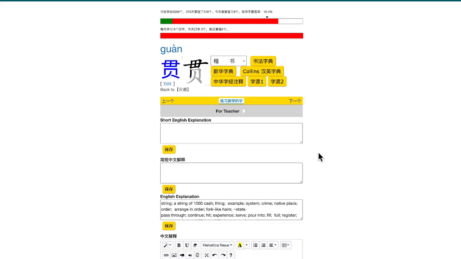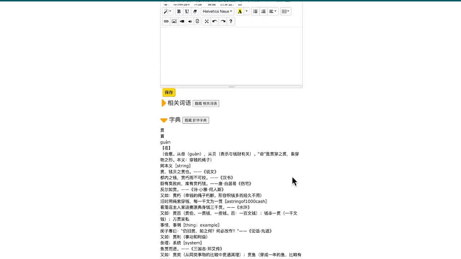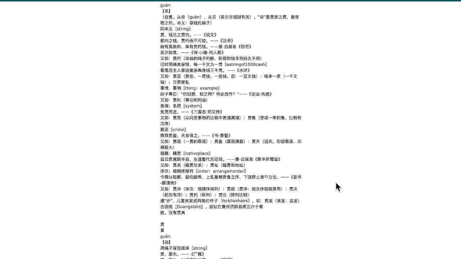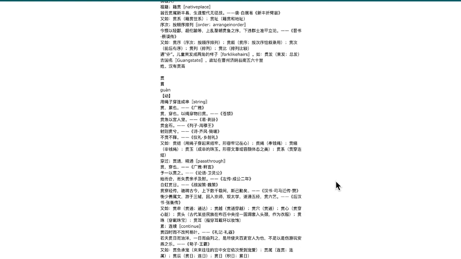Because of that, this character also has the meaning of through, a series of things or repeated things, like 惯犯, that means repeated criminals.